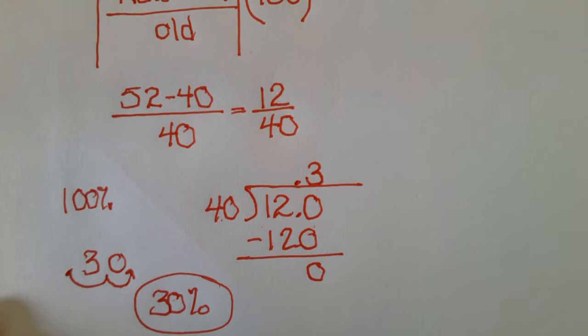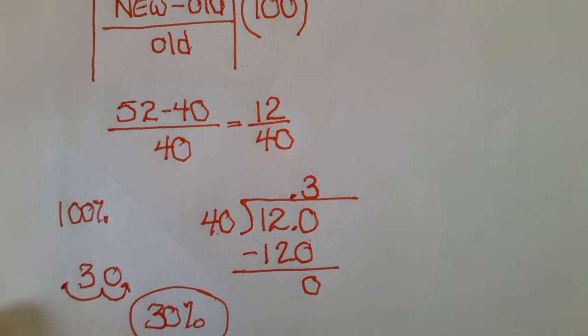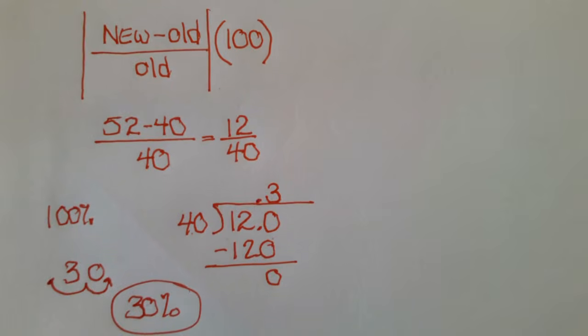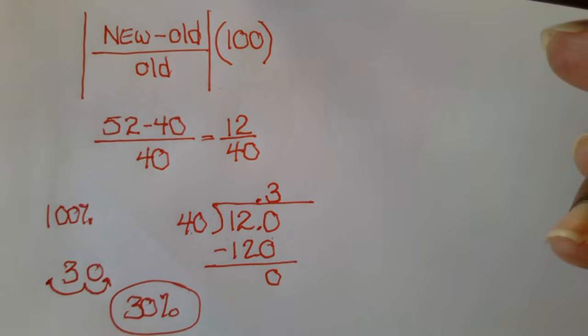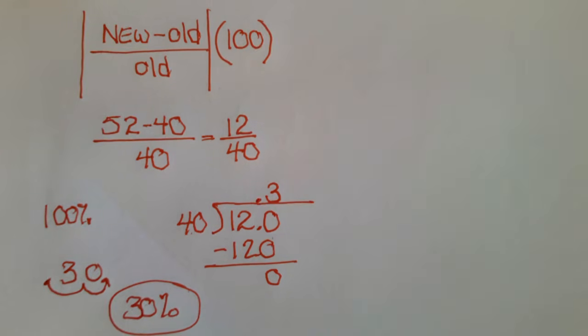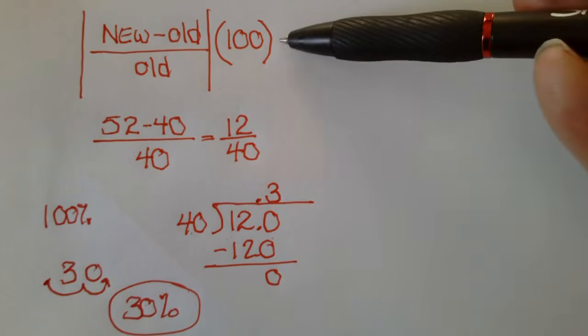All right? So understanding the formula will help you out. It's your new minus the old, divided by old, multiplied by 100.